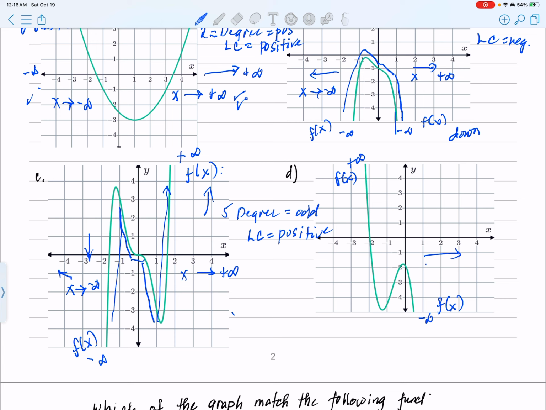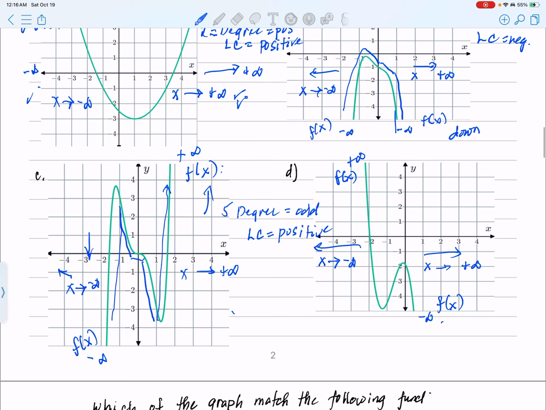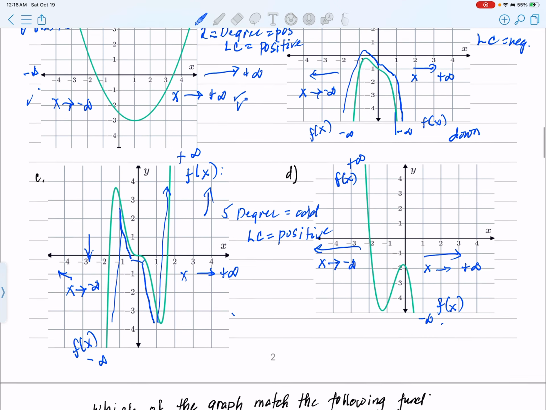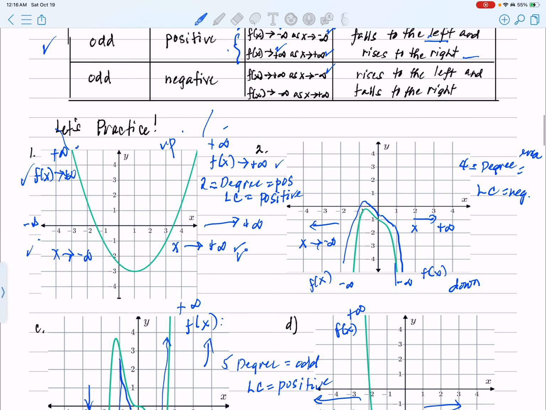As x approaches a positive infinity, the function is negative infinity. The function is positive infinity as x approaches a negative infinity. Going to the left, that's negative infinity. Going to the right, that's positive infinity. Okay, so this falls here.